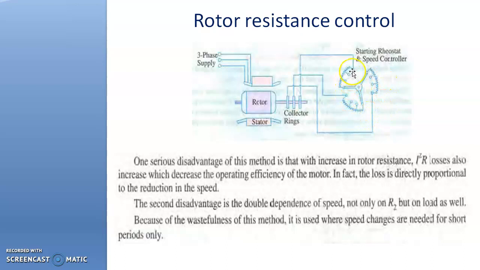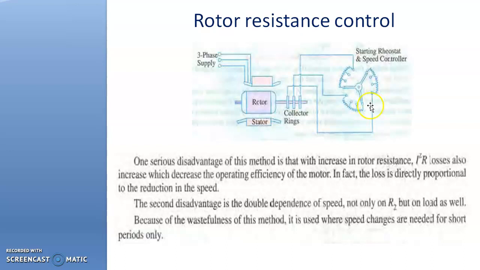The same resistance connected in the rotor circuit can also be used to control the speed of the motor. So you can simply control the rotor resistance so that the speed of the motor can also be controlled.